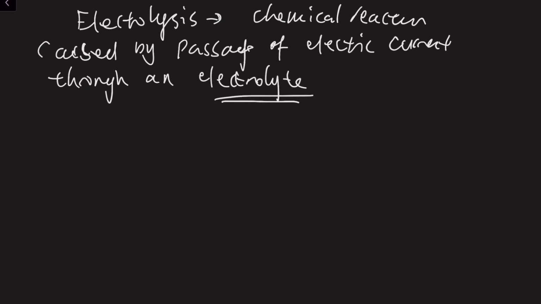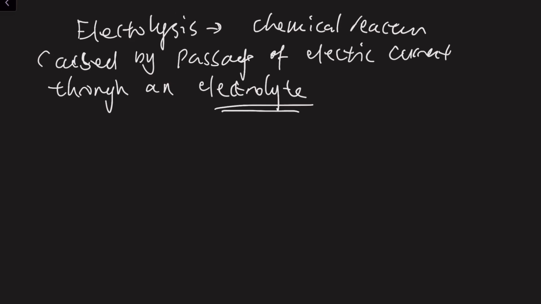The electrolyte can be molten, in which case it is actually a liquid, or it can be an aqueous solution. We will discuss the significance of the electrolyte later. And the reaction we have already discussed is endothermic and absorbs energy.